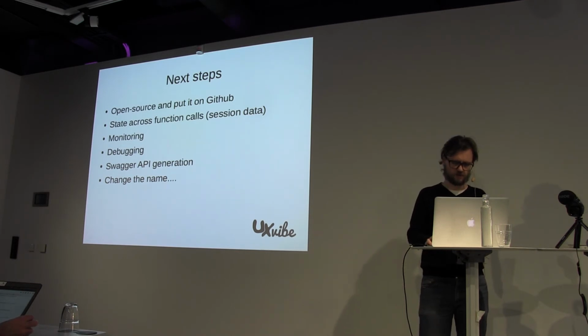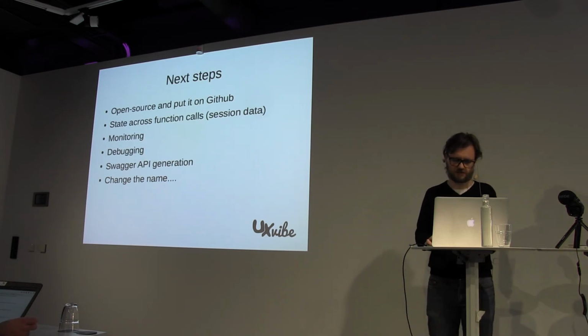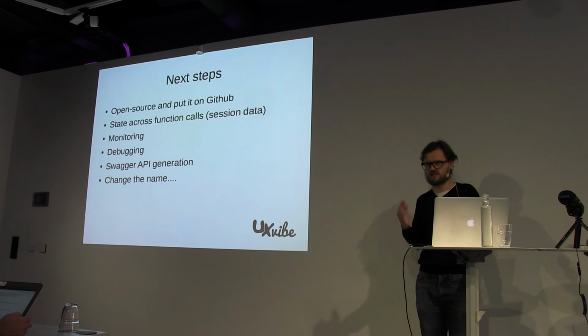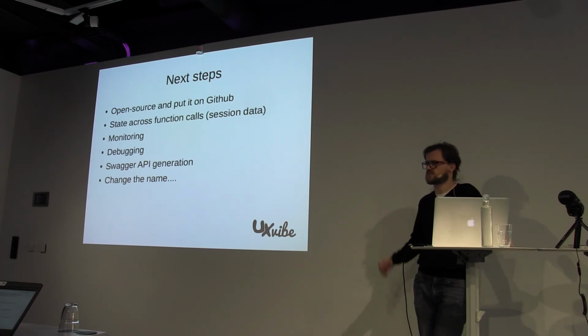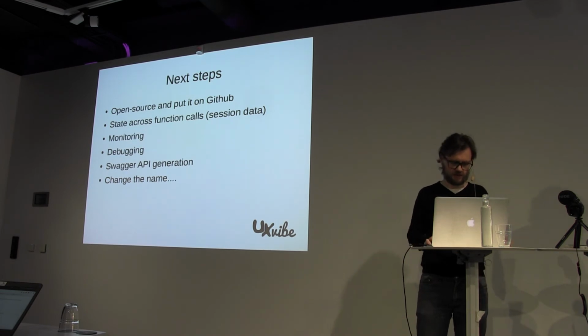We need some better way of handling session data, maintaining state across function calls. And monitoring, we need some kind of monitoring function, basically saying on average this has taken this much time to execute, and it has been executed this many times over the last X hours or so on.